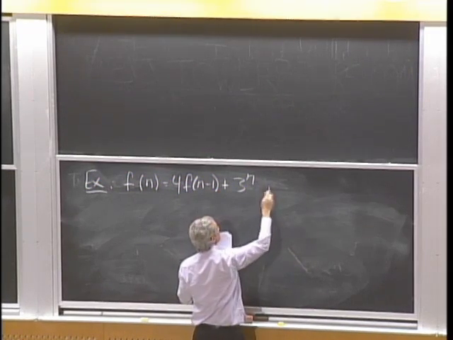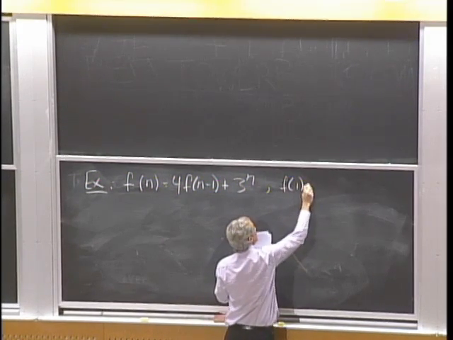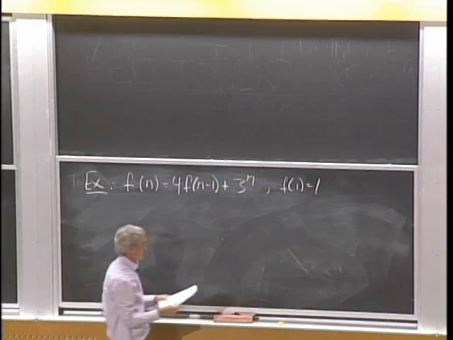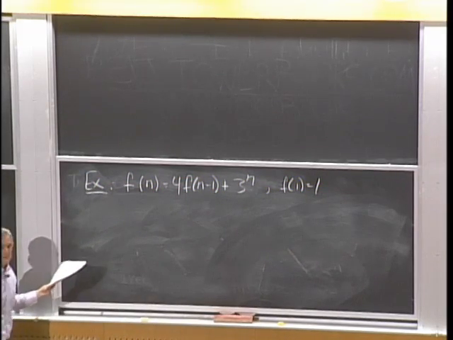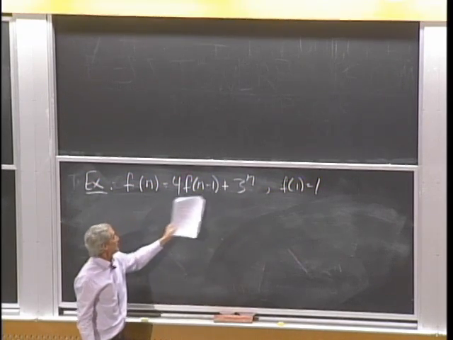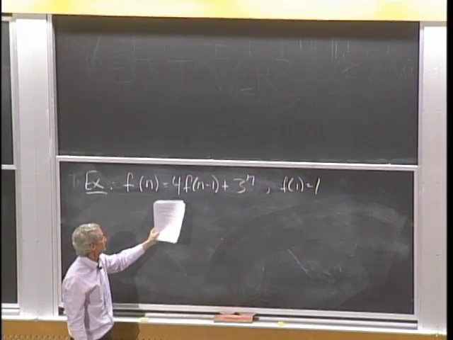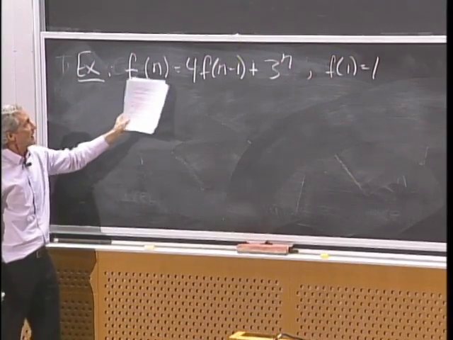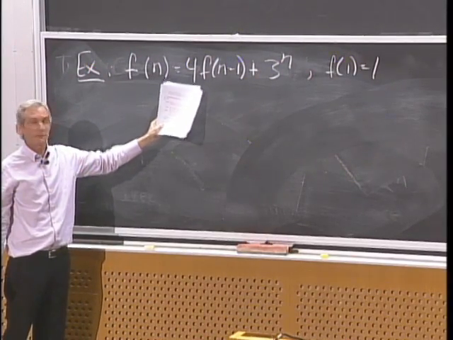And the boundary condition is that f of 1 is 1. So step 1 says ignore this 3 to the n thing and get back to just the homogeneous form, which is f of n minus 4 f of n minus 1 is 0.